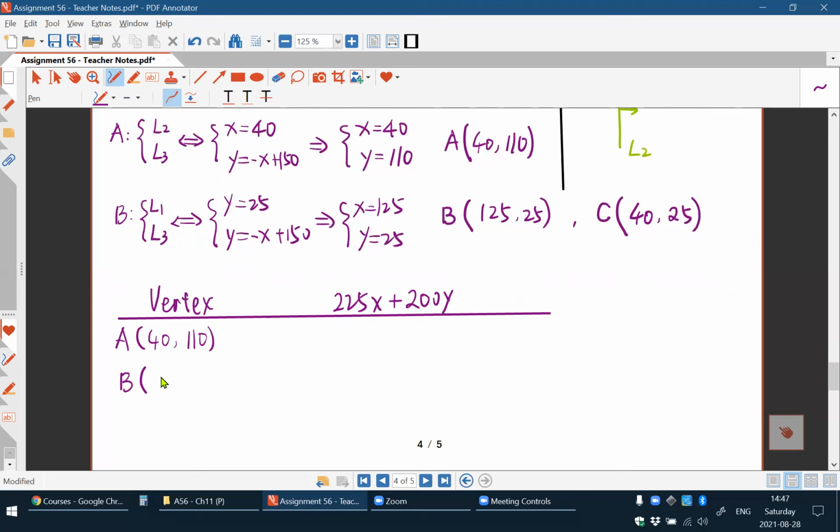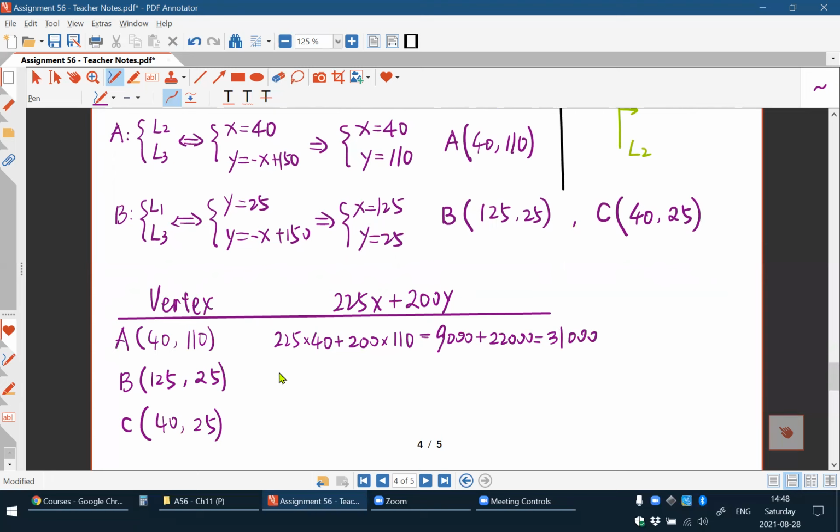Vertex B is 125, 25. And vertex C, 40, 25. Okay, so at vertex A, target function is 225 times 40 plus 200 times 110, which is 9,000 plus 22,000, which is 31,000.